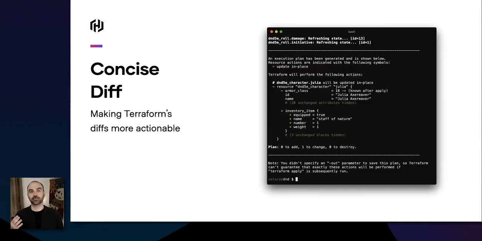0.14 is going to release with a concise diff, because we're into the whole brevity thing. Joking aside, Terraform 0.11 was much more concise than Terraform 0.12 and 0.13. And I think now that we're seeing huge, broad use cases where Terraform is operating at massive scale for many, many users, teams big and small, it's become clear that providing actionable information about the changes you're about to make to your infrastructure is key.